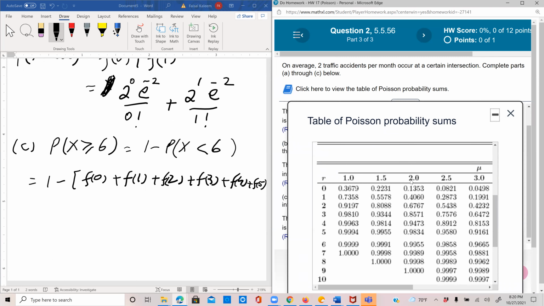Okay, here we have mean equal to 2, and R is the accumulation up to that point. We need the cumulative probability from f of 0 up to f of 5, so R equal to 5 means x from 0 to 5. The mean was 2, so they've already done this cumulative sum for us. That's 0.9834. So that's 1 minus 0.9834, which is 0.0166.